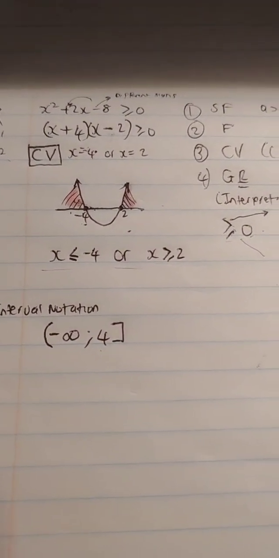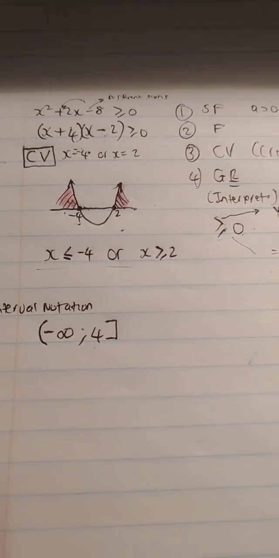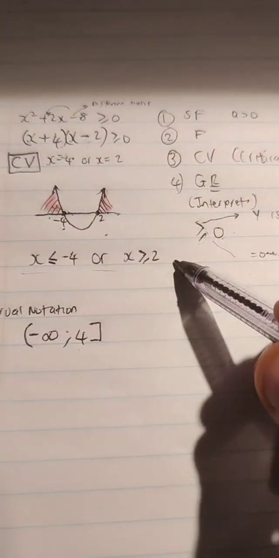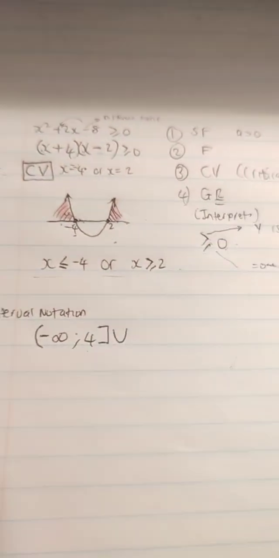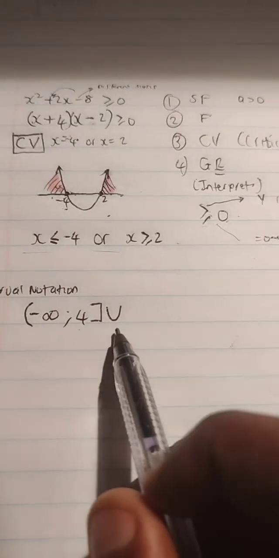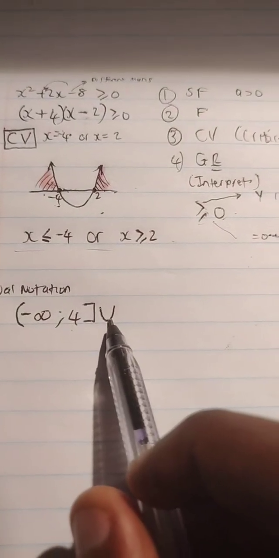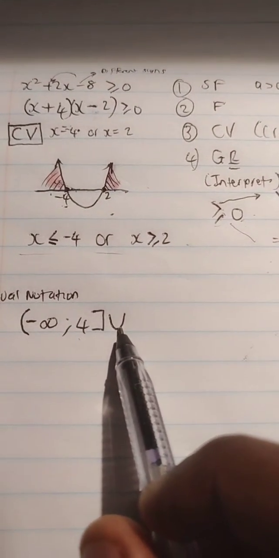Then there are 2 notations or 2 things you could either then say for the other side. You could either say this is a symbol that means union.